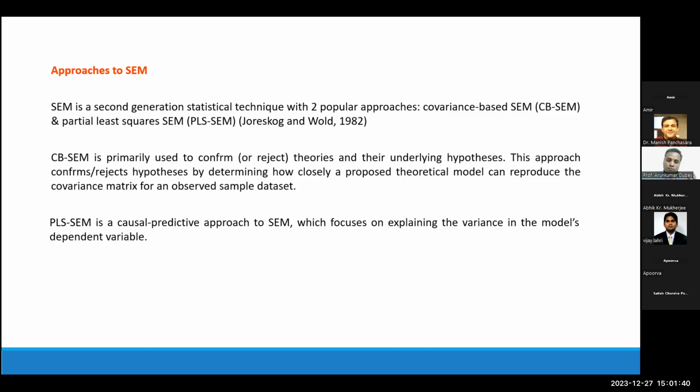So there was a lot of controversy and people said that PLS-SEM is not a correct way of structure equation modeling. In fact, a big fight happened, and the developers of PLS-SEM came with their own arguments, and they refuted all the criticism of PLS-SEM.